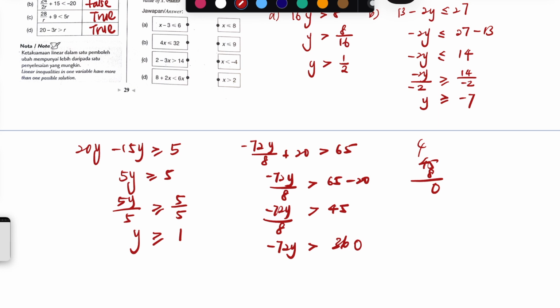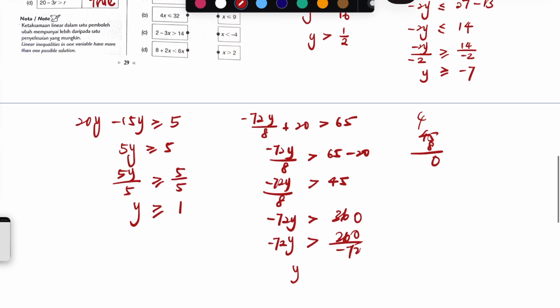Okay, so 360, y is greater than 360 divided by negative 72, sorry. All right, so press your calculator, what you get. So the answer is y greater than negative 5.